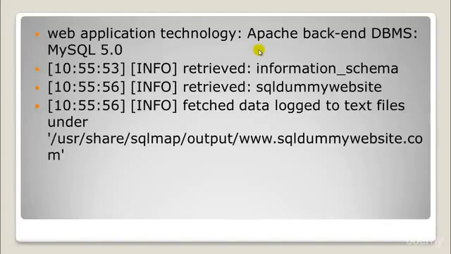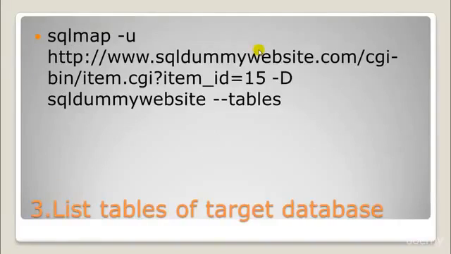So let's go ahead and list tables of the target database using sqlmap SQL injection. So now we need to know how many tables this SQL dummy website database has and what their names are. To find this information, we'll be using another command, that is sqlmap -u http://dummywebsite.com CGI bin item CGI 15, but after that I will be typing -D SQL dummy website --tables.